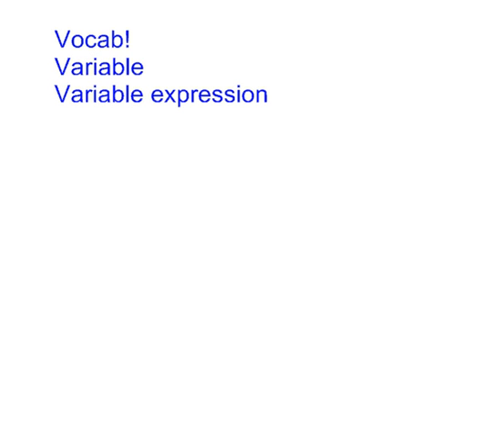And the first vocab that we have here is variable. A variable is when you use a letter to represent numbers. So it may be something like a + 6 = 9.